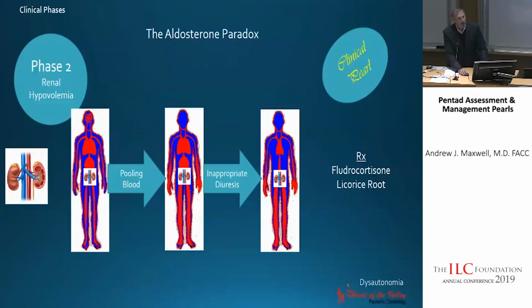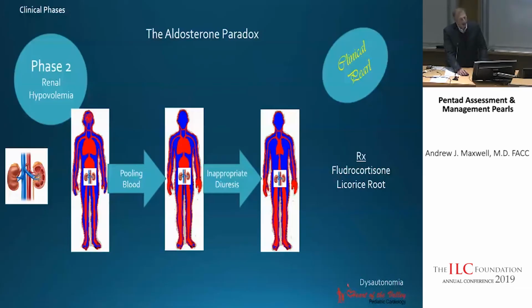And so some patients who want to stay natural will use licorice root. In my opinion, it actually is just as dangerous and fraught with just as many complications as using the synthetic fludrocortisone, plus it's not very well regulated from dose to dose. So I've had patients come in on licorice root that have wild swings in their blood pressure from day to day, and when I switch them over to fludrocortisone, that evens out and they end up liking it better.